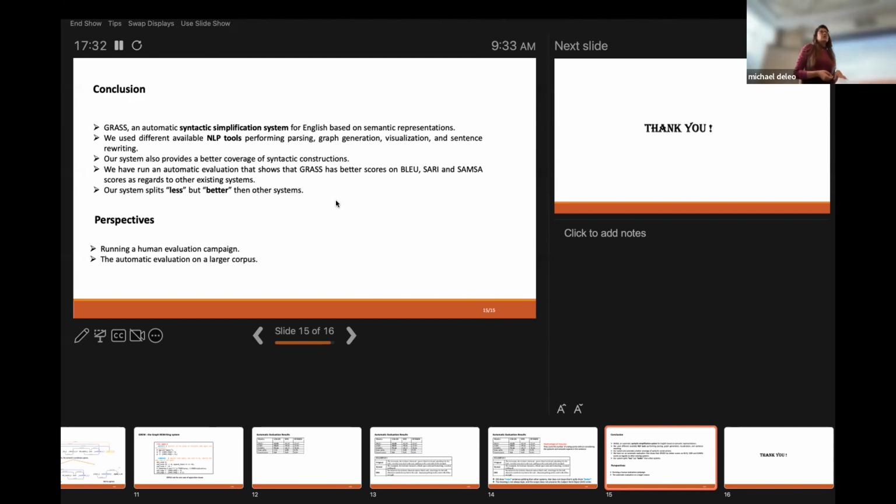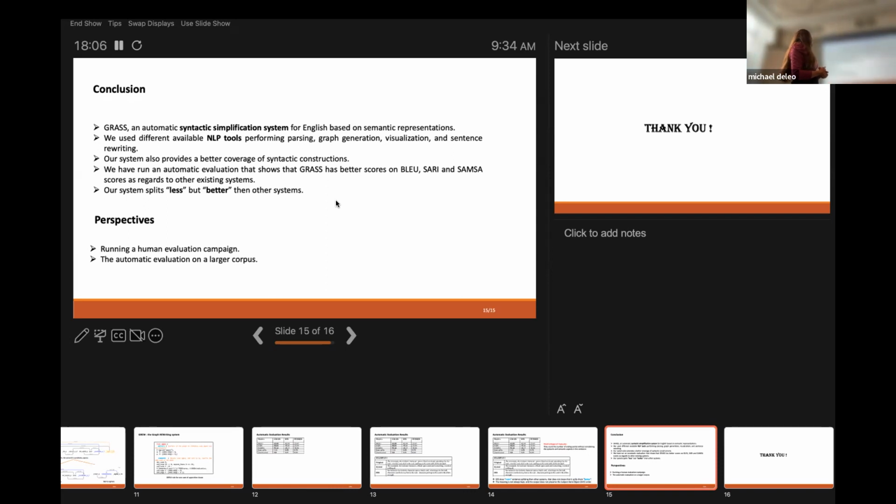Other systems just resolve coordination and relative clauses. Our system resolves coordination, apposition, and subordinate clauses. And we show that our system has better scores on some metrics. It doesn't split more, but it splits better.